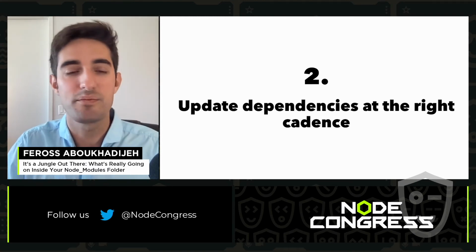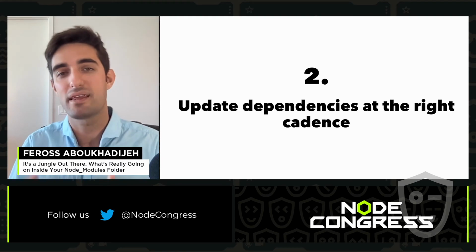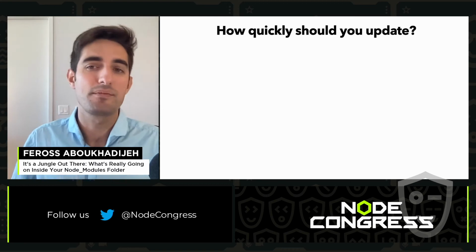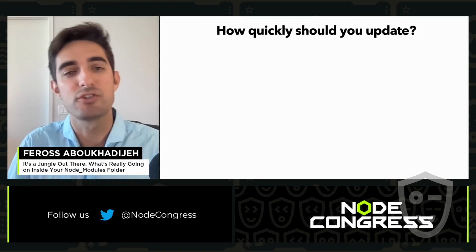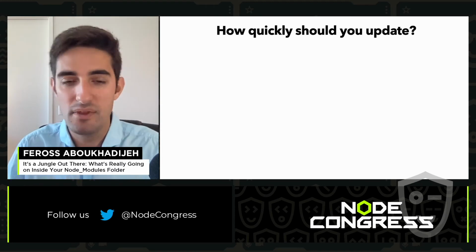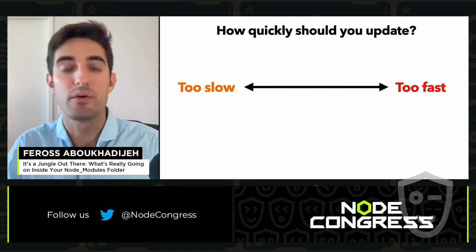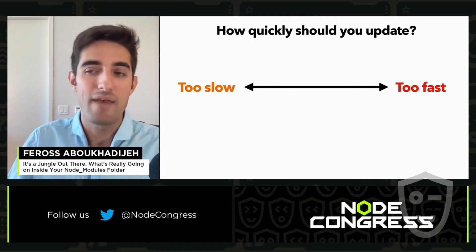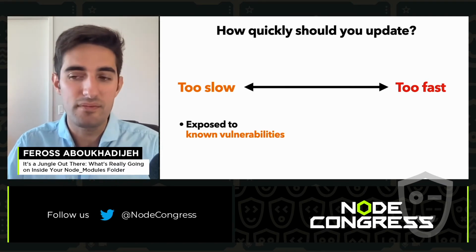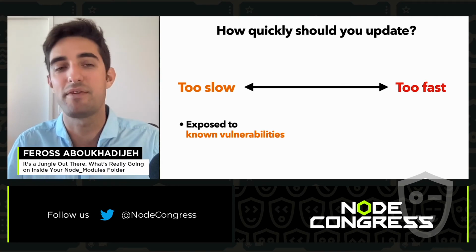Okay, the other thing you can do is think about updating your dependencies at the right cadence. What do I mean by this? There's a question about how quickly you should update your dependencies, and this is actually a question we struggled with on our team as well. You can think of it as: should we update slowly, or should we update really, really quickly and aggressively? If you update too slowly, you're exposed to known vulnerabilities, and you're running code that's old and may have bugs that have been fixed in the newer version.